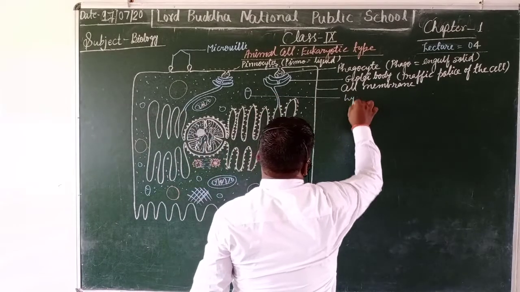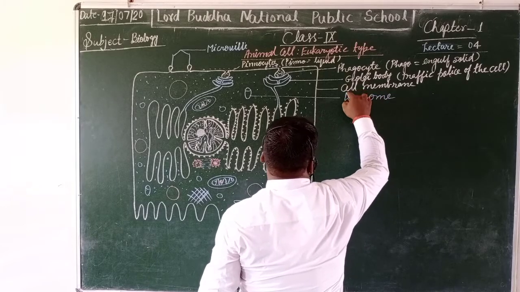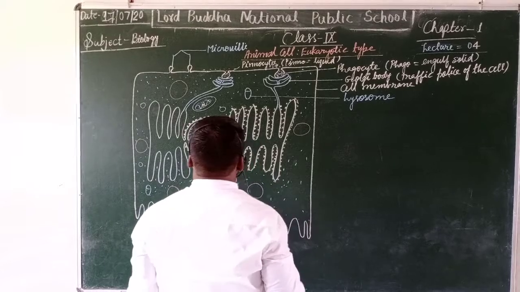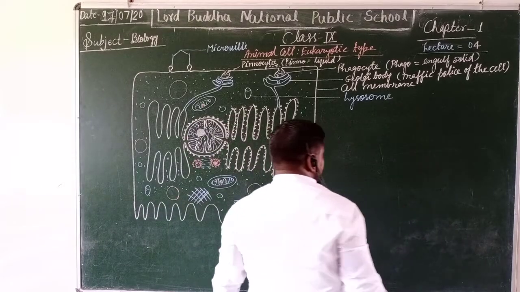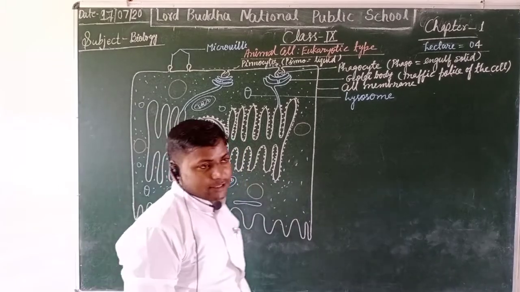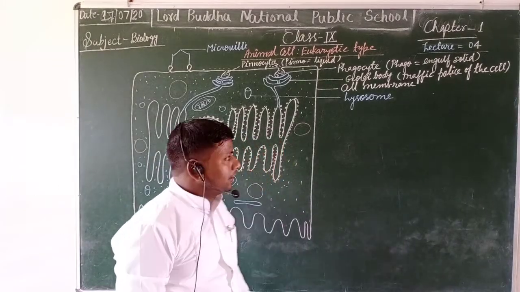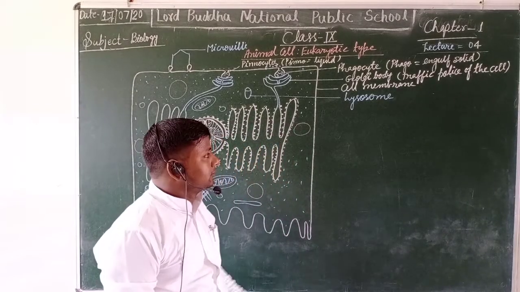Lysosome. As I told you in the previous plant cell diagram, the lysosome contains thousands of enzymes. That's why it is known as the enzyme lytic site.